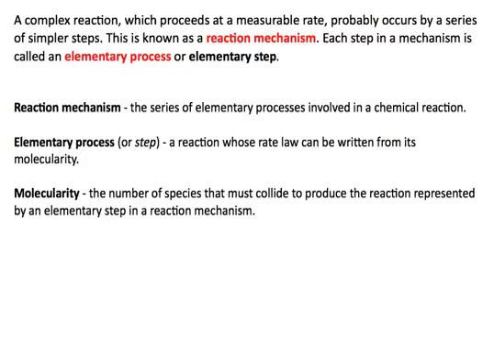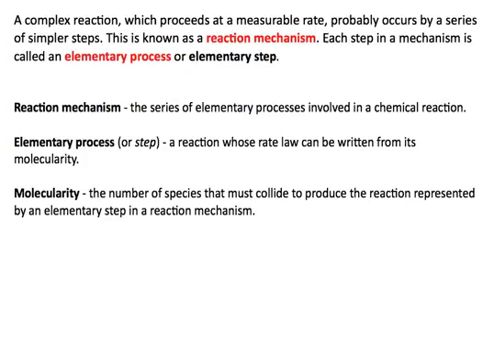So here are a few definitions for you. A complex reaction that proceeds at a measured rate probably occurs by a series of simpler steps, and this is what a reaction mechanism is. Each step in a mechanism is called an elementary process or elementary step. And so a reaction mechanism is the series of elementary processes involved in a chemical reaction.